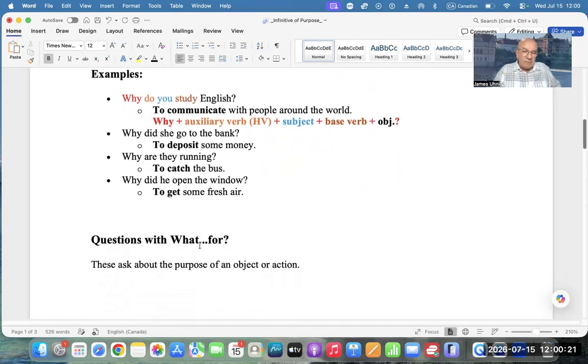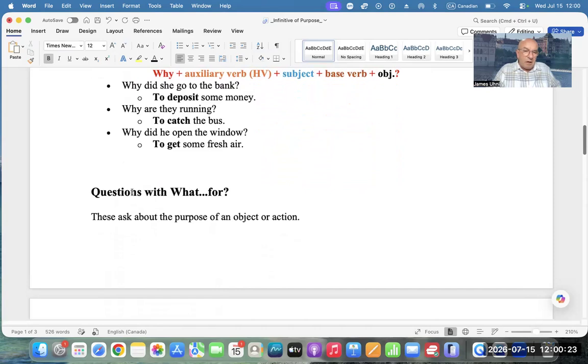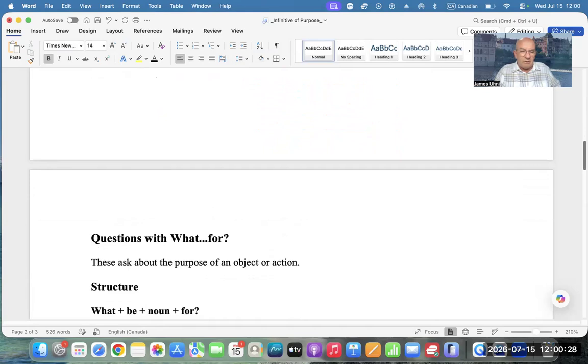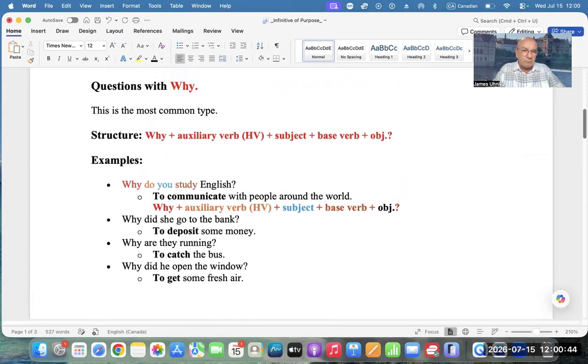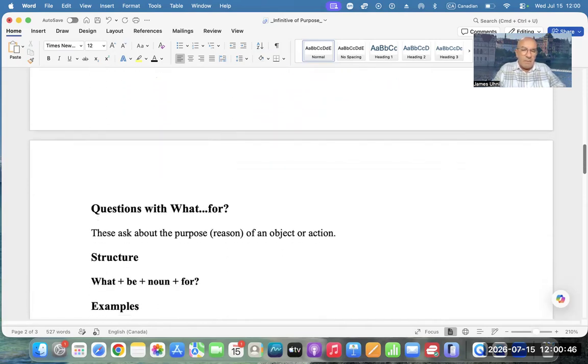Now we have questions with what for. So I will go a little bit further to have it all on the same page. These ask about the purpose of an object or action, purpose or reason. Let's use the vocabulary that children understand at any level of their studies in school.